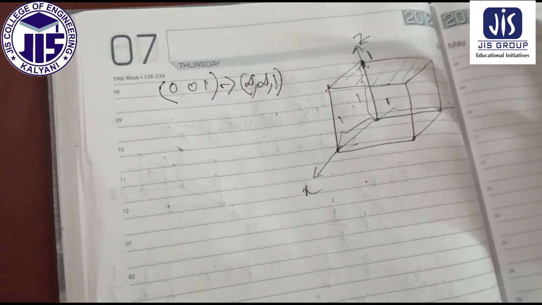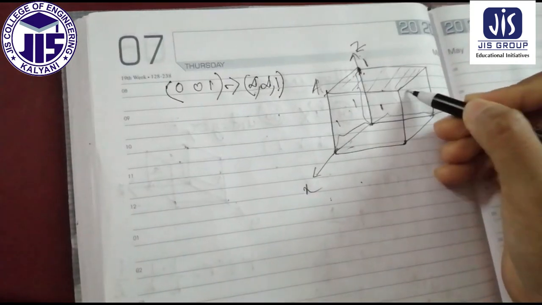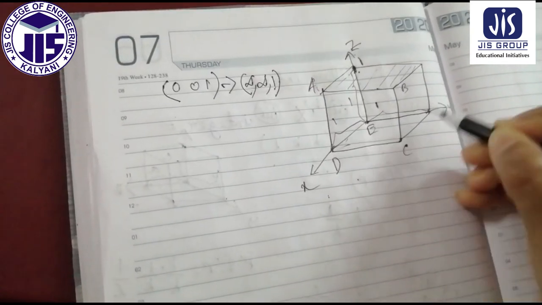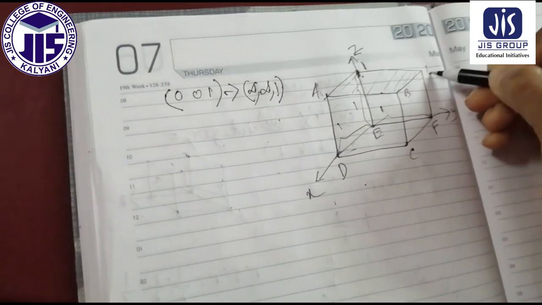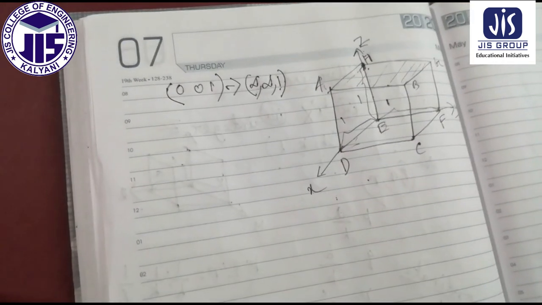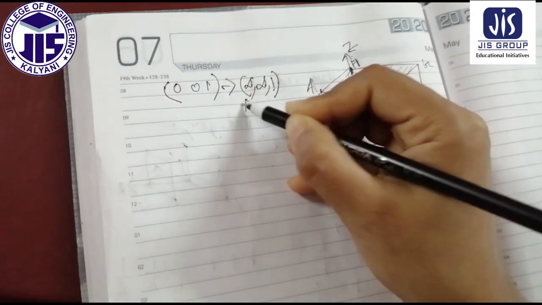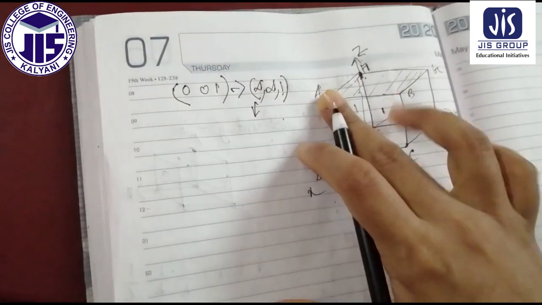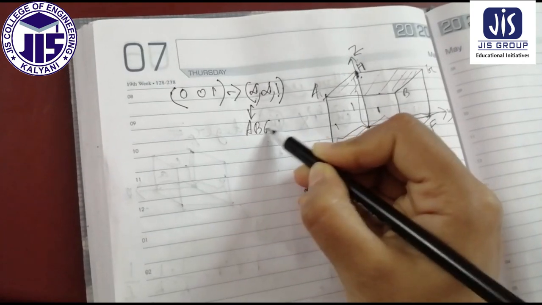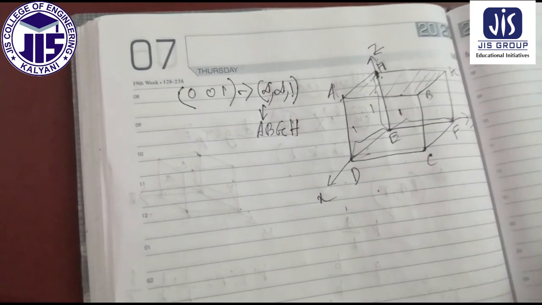So if we give names, suppose A, B, C, D, E, F, G and H, the name of the plane will be A, B, G, H. A, B, G, H is the answer.